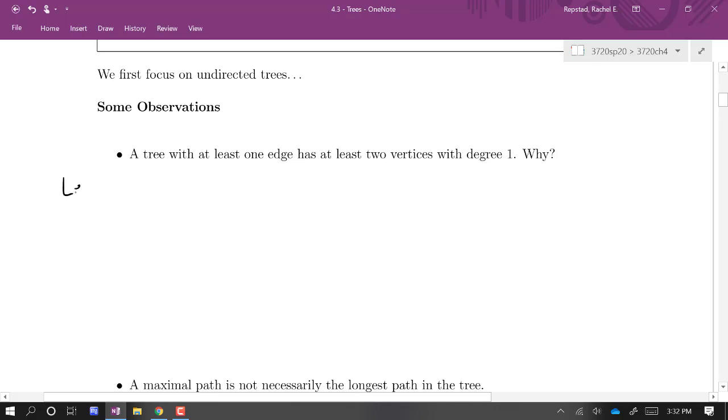We're going to start, let's just let T be a tree. So it is connected with no cycles. And suppose there is a path that is a maximal path.